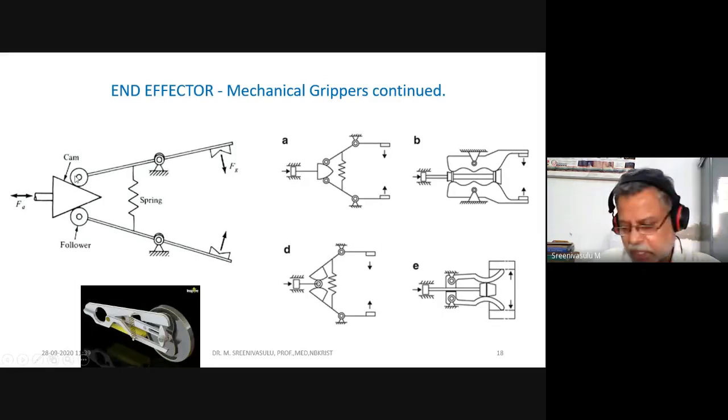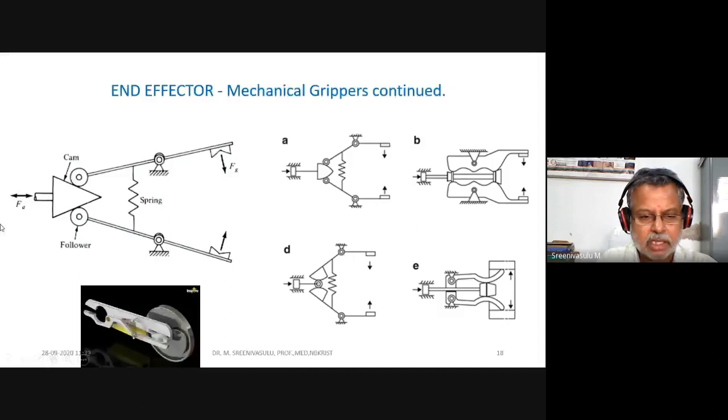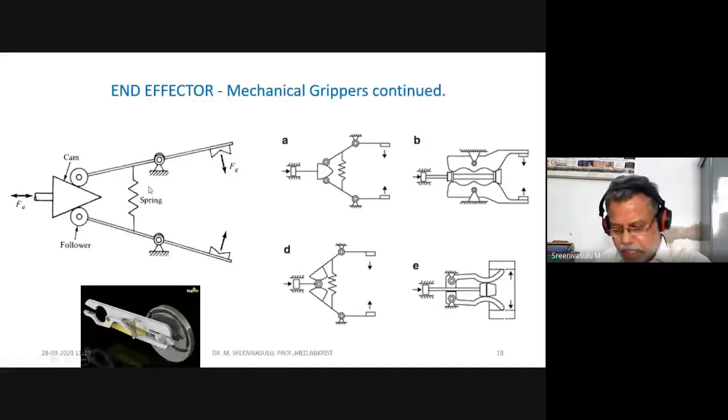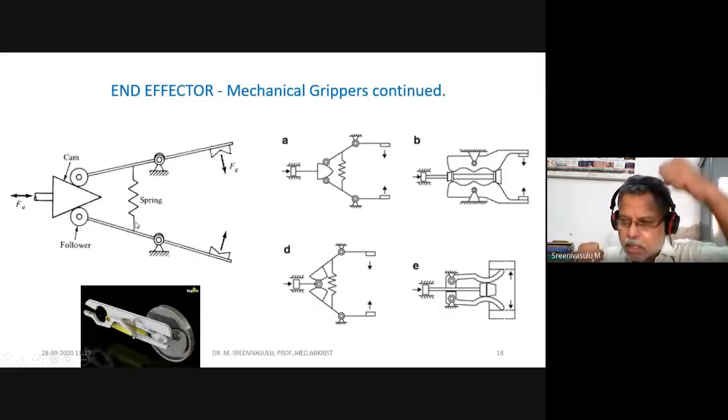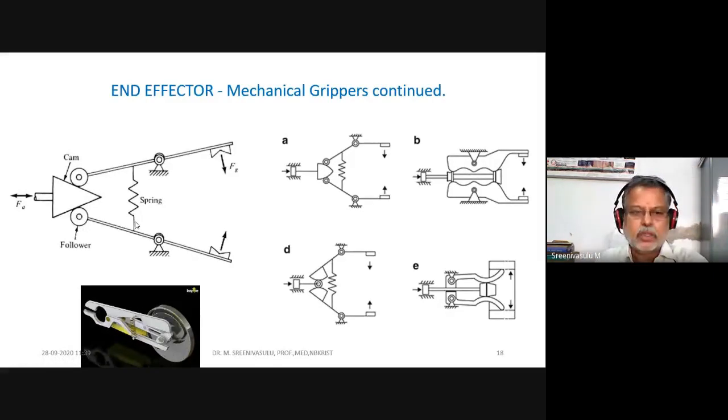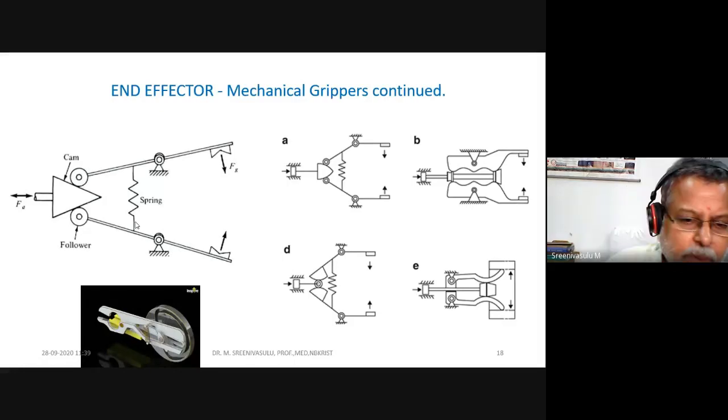Depending upon the direction you move, the distance between these two rollers will either increase or decrease. Since there is a spring here, whenever you move it back, the spring pushes the rollers close to each other. Because of this hinge, when this is moved up, this will move down, and when this is moved down, this will move up.